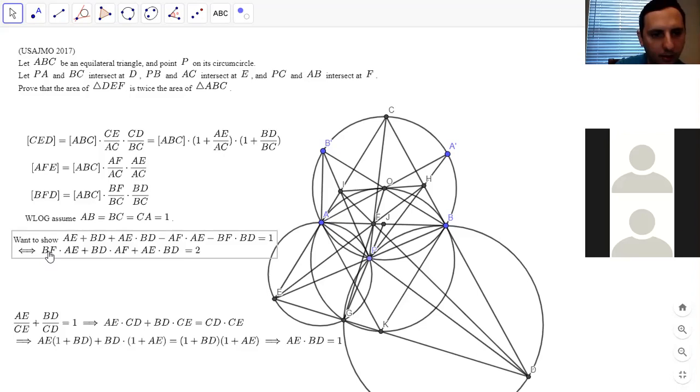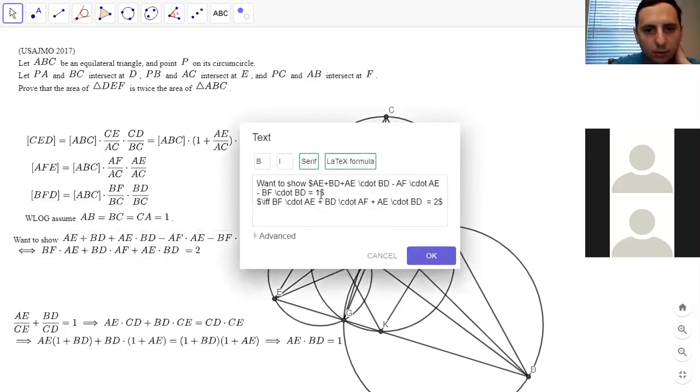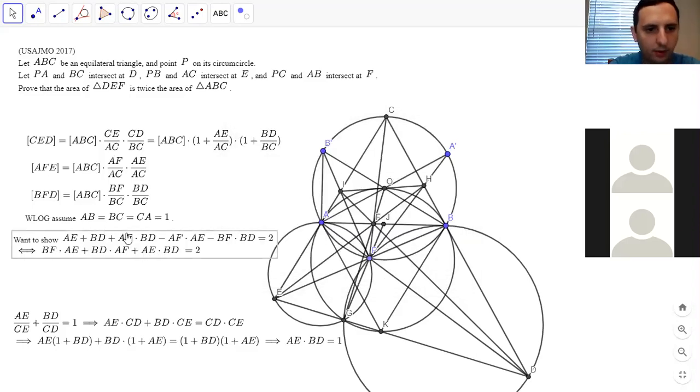So that would be, okay, yeah, so this should be 2. And then we know the AE times BD is 1. So yeah, we want to show this BF times AE plus BD times AF.